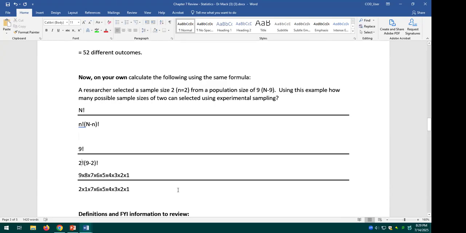Does anyone have a number for us? This divided by that?